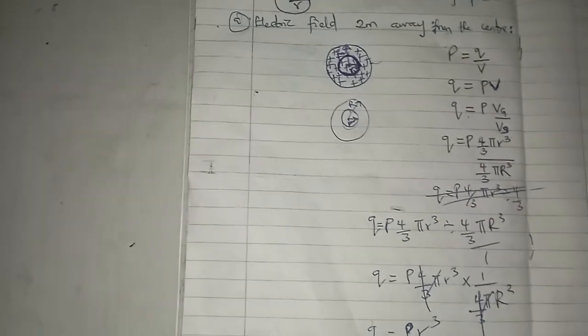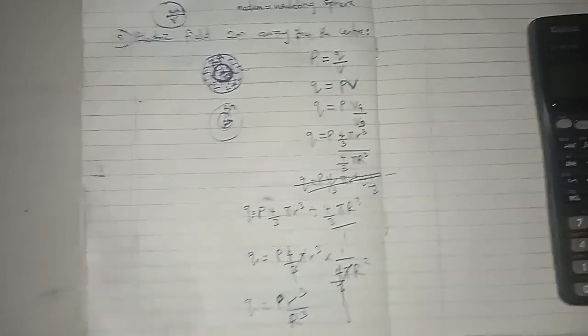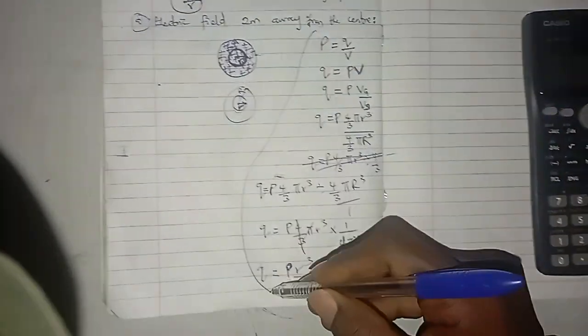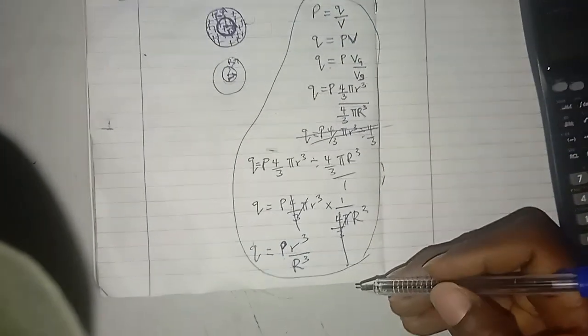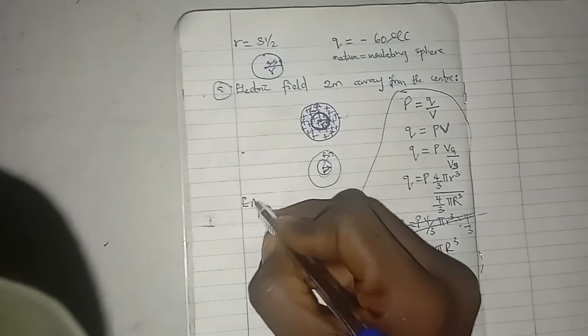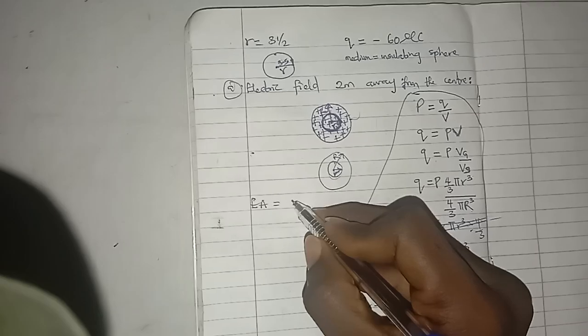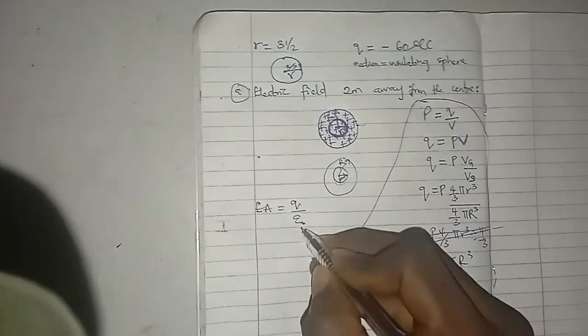So if I've noted it, I will go back to why we always do this. This is an understanding you must have. So I've been able to derive charge from the volume density. Assuming it's area they told us, we use it, but here they told us volume. I'm able to derive charge here. I will now go back to the Gaussian, apply Gauss's theorem, which is EA, electric flux, equals Q, charge enclosed, all over permittivity of free space.